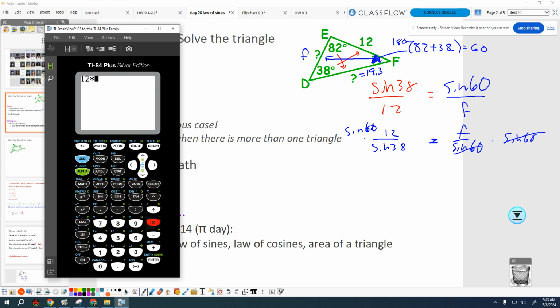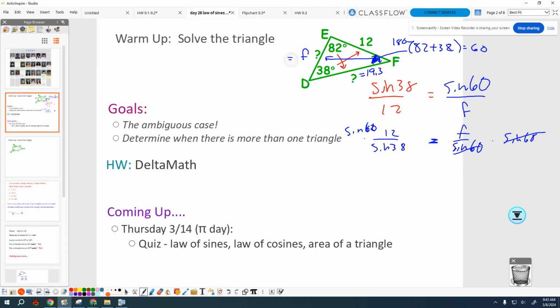And 12 times sine 60, remember to close the parentheses, divided by sine 38, 16.88 or 16.9. Again, I didn't tell you how to round, so if that happens on a quiz or a test, and you ask me, I'll say pick something reasonable because I didn't specify. Okay.